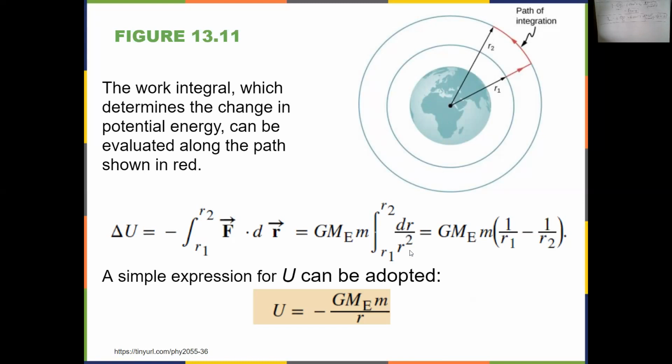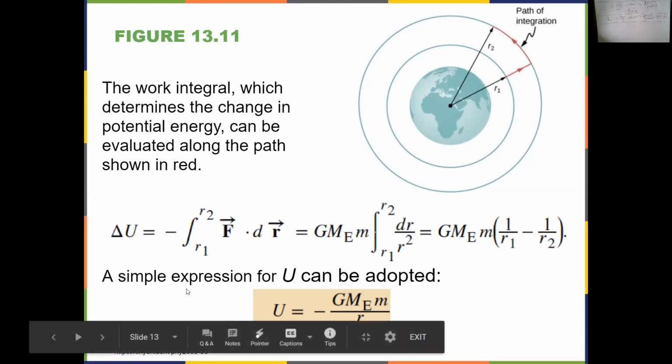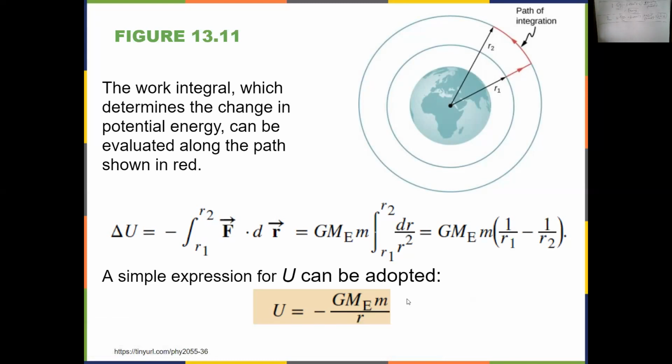So the expression for gravitational potential energy is more accurately U equals minus capital G times the mass of the Earth times the mass of the object, divided by R, where R is the distance between the center of the Earth and the center of the object. This is a more accurate expression than just mgy.